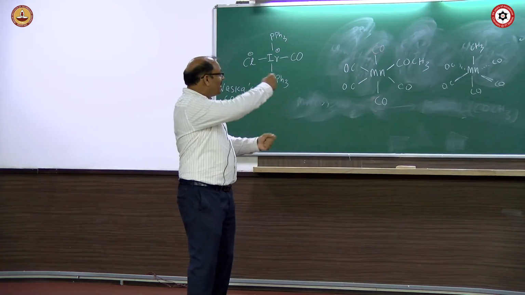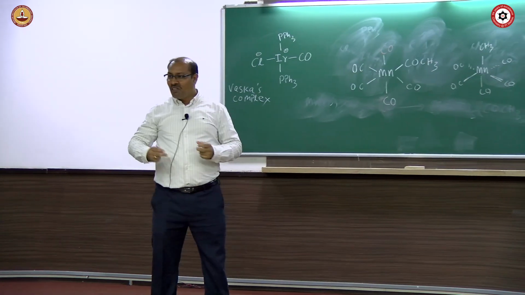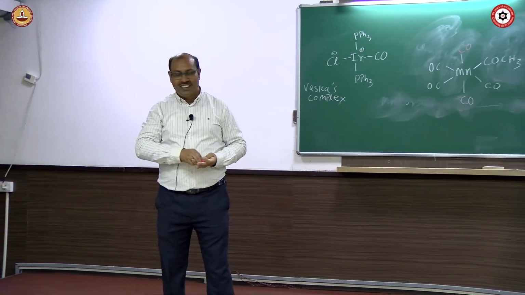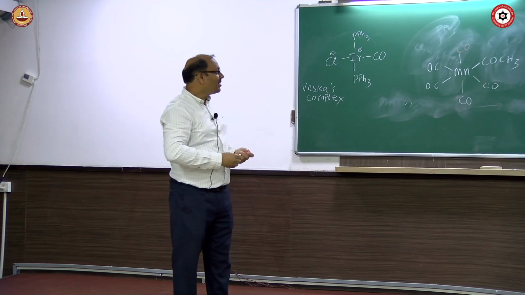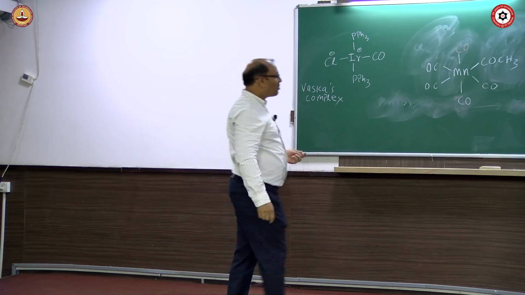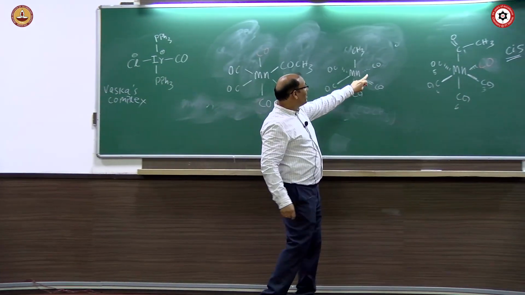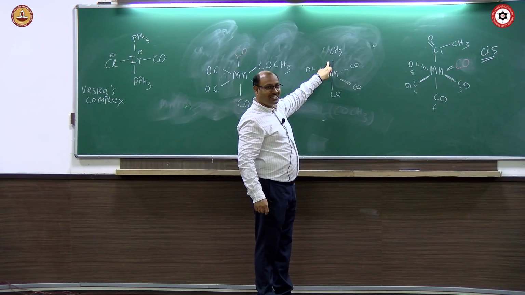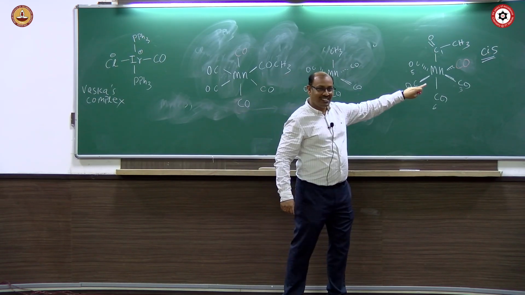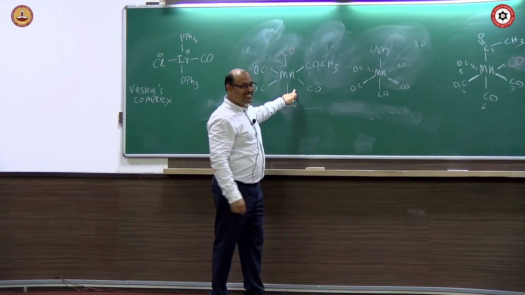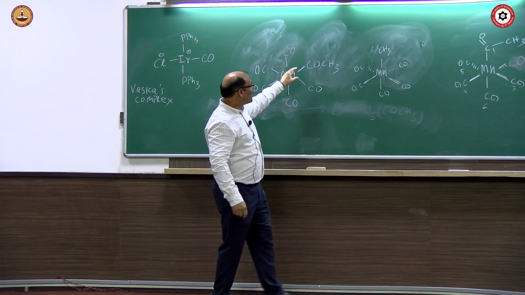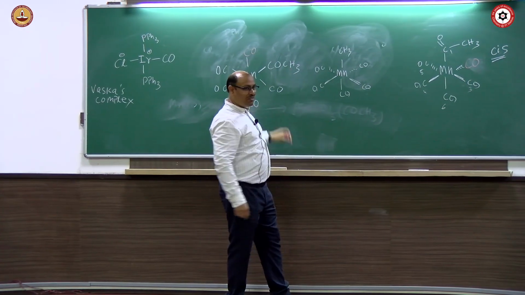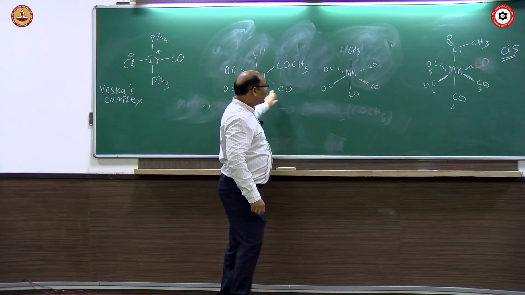Just because I draw in this way or that way, you are getting influenced. The right hand side diagram looks like one of the carbon monoxide from here has been detached and got inserted. And here the other way. It appears like methyl has gone there and this has come. But these two, are they any different?